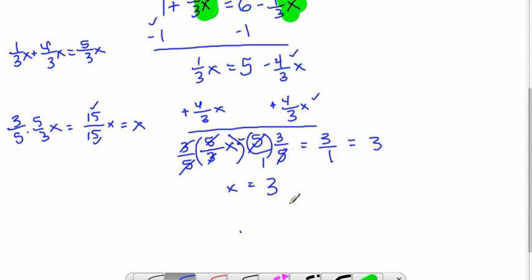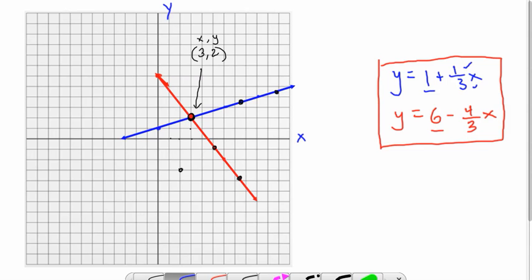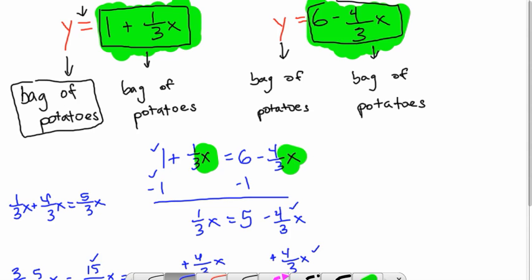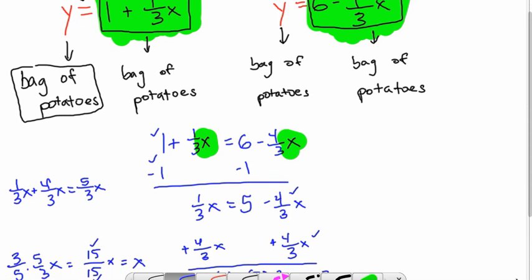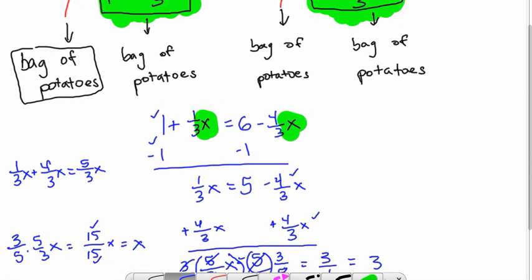X equals 3. I did all that work and I got x equals 3. Well, let's looky here. X equals 3. So without graphing, I was able to figure out the x point where they intersect. I was able to do it all using algebra, just moving variables around, solving for variables that we don't know.